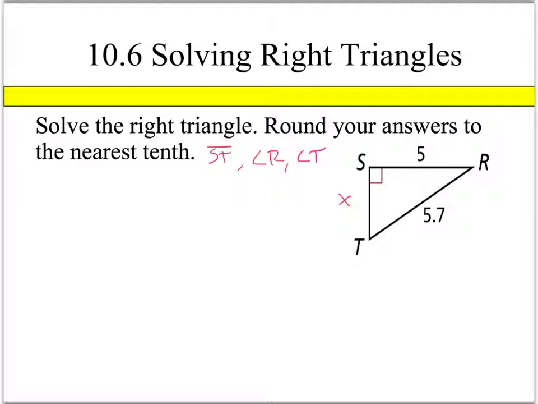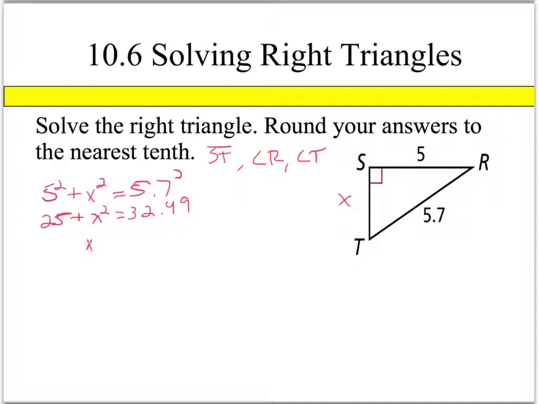All right. So hopefully we'll see if you got everything right, and we'll just check our answer right now. Okay, so our very first thing is I want to find that ST. I'm going to figure out my leg: 5 squared plus x squared is equal to 5.7 squared. When I bring this up, I get 25 plus x squared is equal to 32.49.